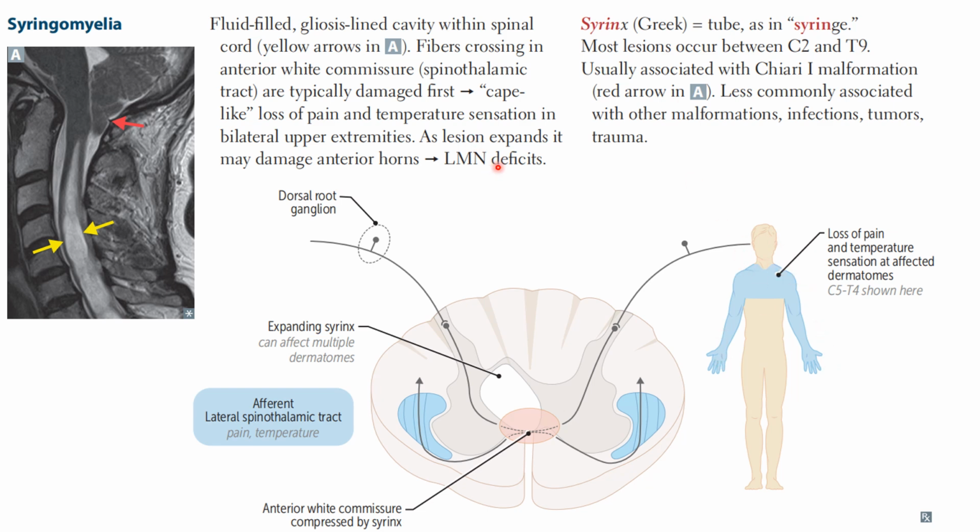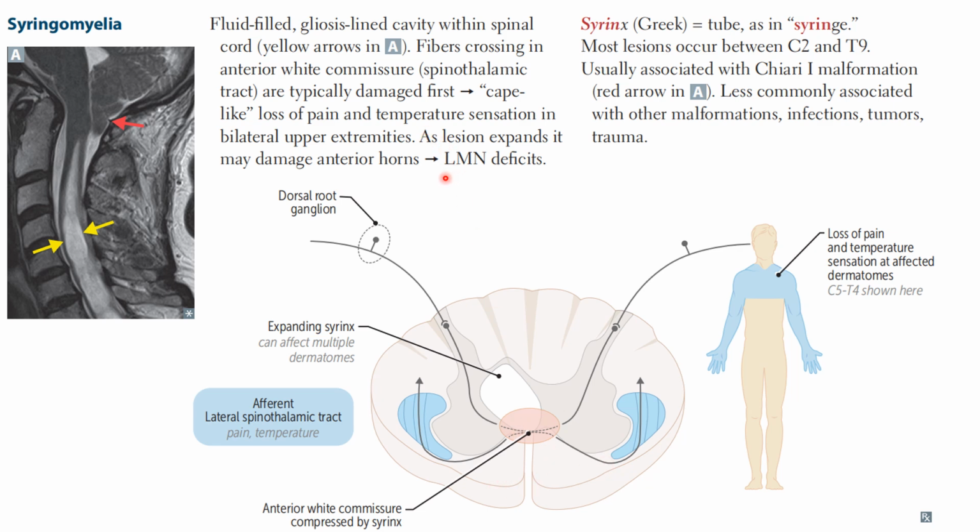And as the lesion expands, it may damage the anterior horns also. So we have these anterior horns. If it expands downwards, it's going to damage these anterior horns also, which is going to result in lower motor neuron defects.